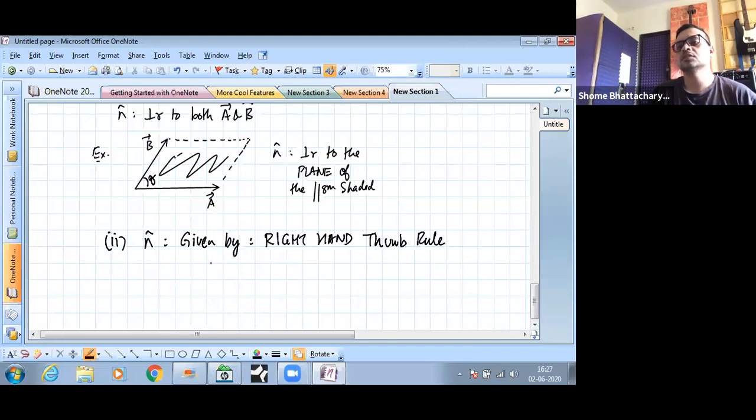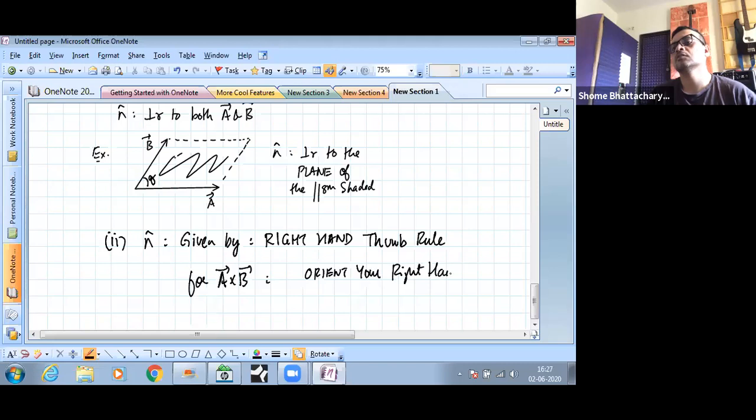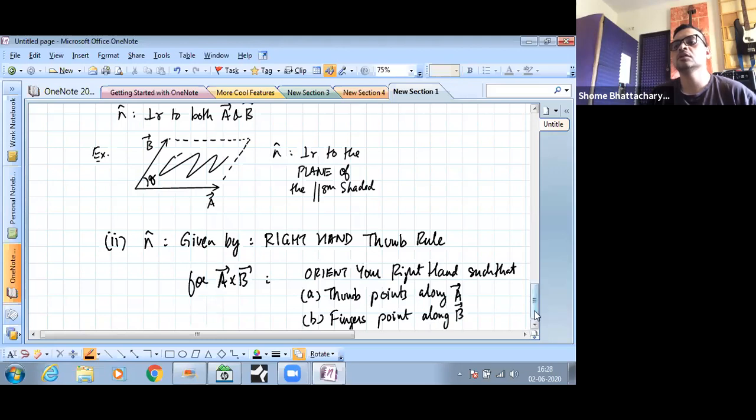So that means that for A cross B, what you should do is orient your right hand such that your thumb points along the vector A and your fingers point along the vector B.